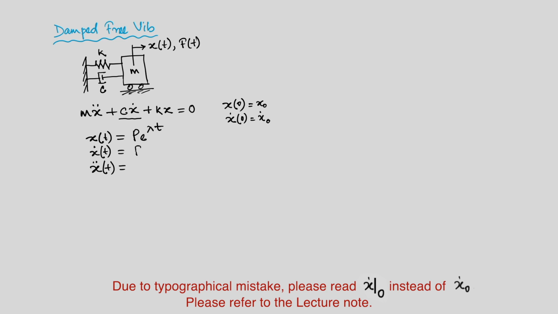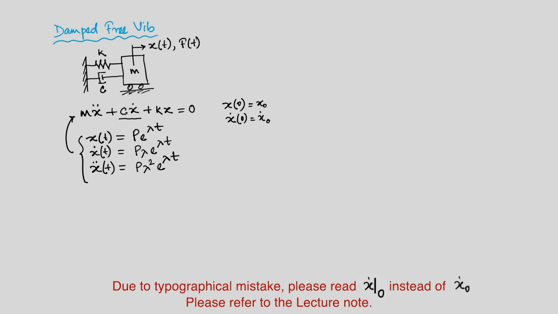So this will be p lambda e to the power lambda t, and the next one is p lambda square e to the power lambda t. Then the only task is to substitute these expressions in the original equation.